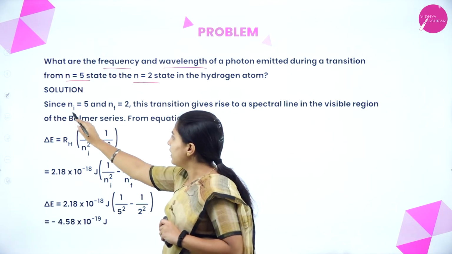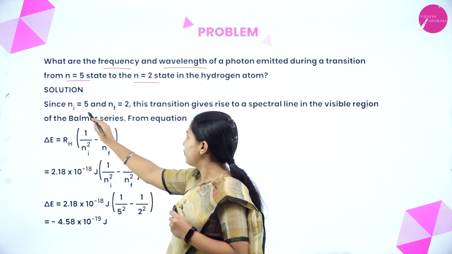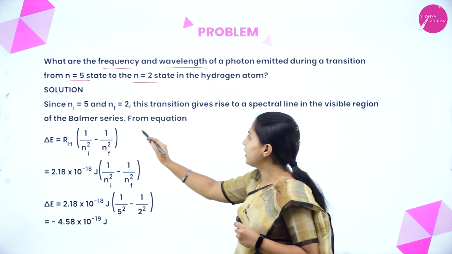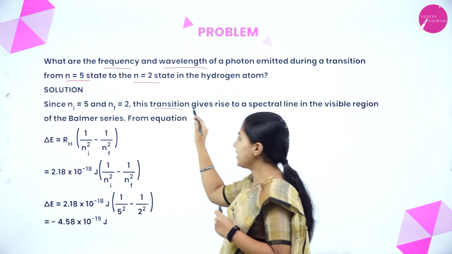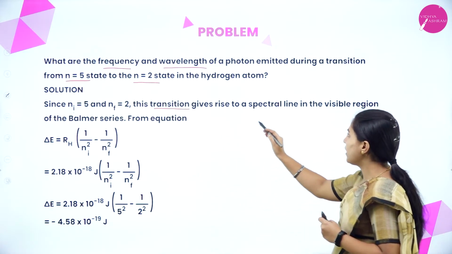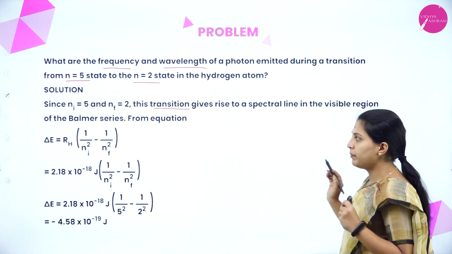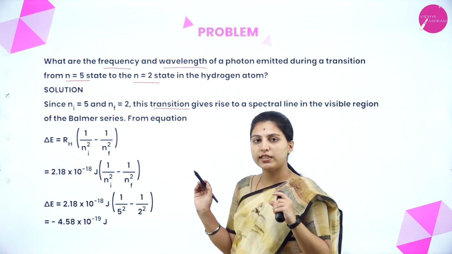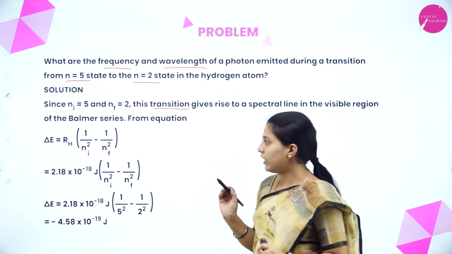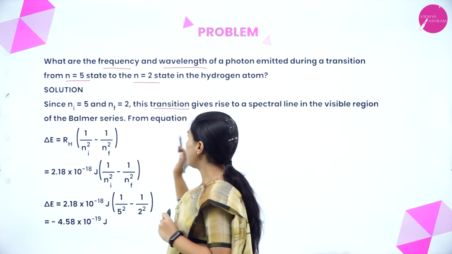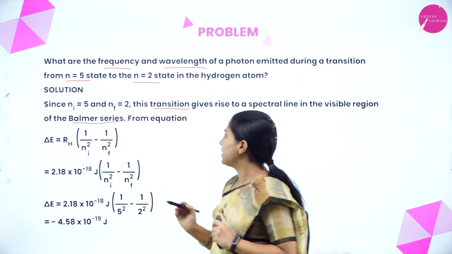Solution: Ni is the initial level, that is 5th, Nf is the final level, that is 2. This transition gives rise to a spectral line in the visible region, of the Balmer series.